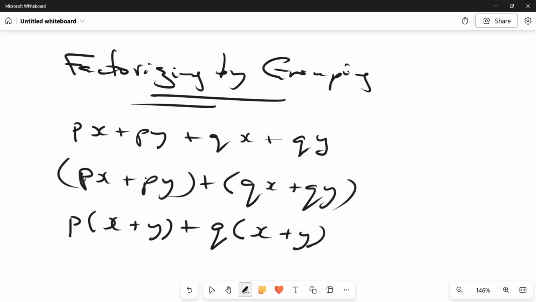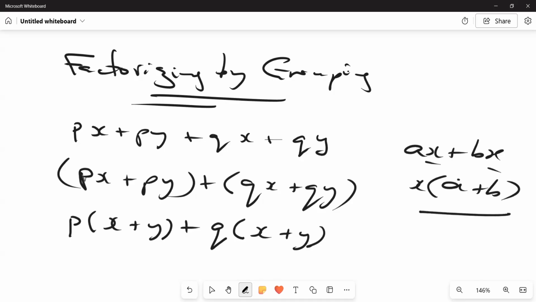But you don't stop there. You apply the distributive law a second time. Because remember, if you have two expressions and there is a common factor in them, you can pull it to the front. Remember that thing? If you have ax plus bx, you pull the x to the front: a plus b.